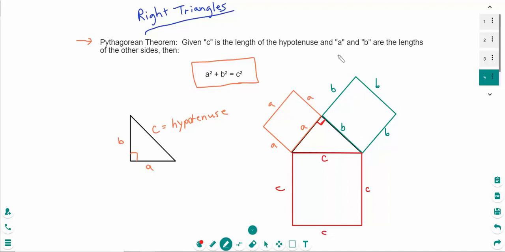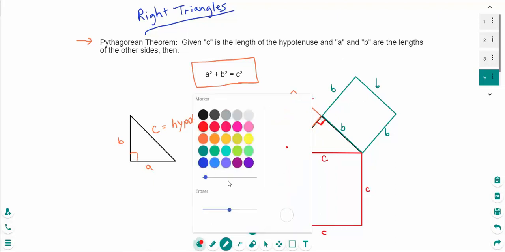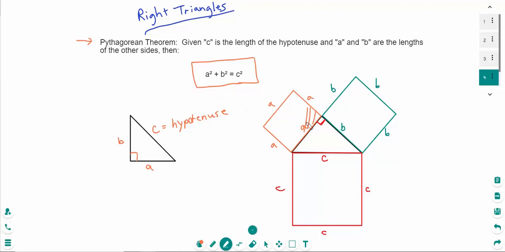Now what's interesting, and this is what Pythagoras proved, was that if you take the area of this orange square, which again, I apologize, doesn't look too much like a square, you'll have to use your imagination, it's more of a rectangle, but pretend it's a square.